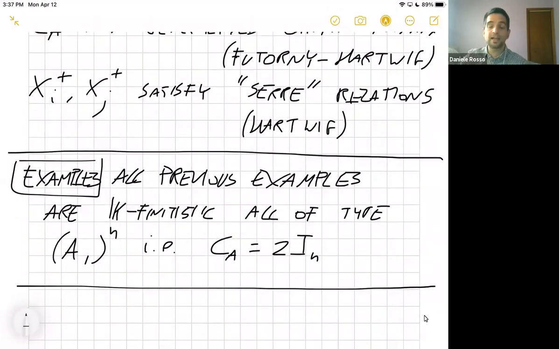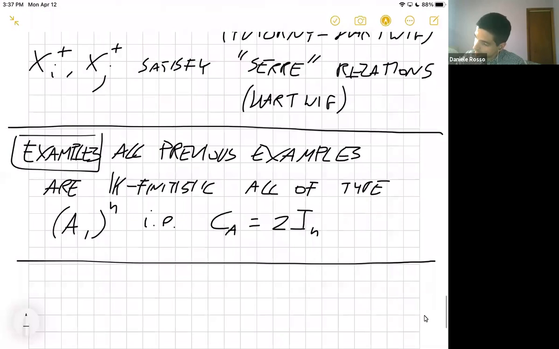So even the examples of the quantized Weyl algebra that are not GWAs are still TGWAs of type A1 to the n. In fact, all GWAs are TGWAs of type A1 to the n.